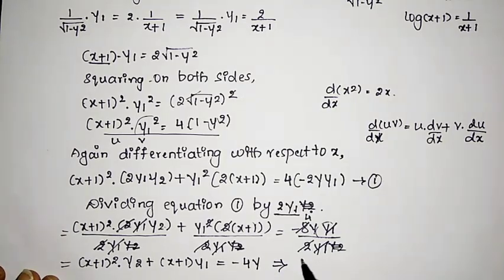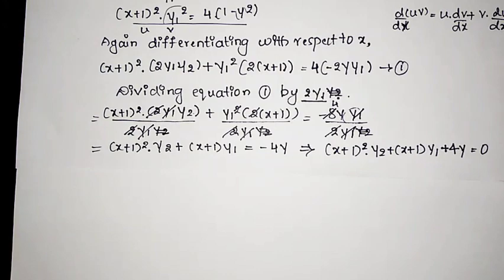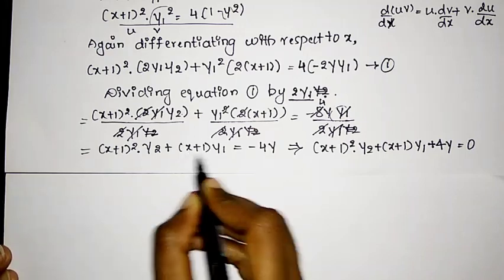We shall write it in the form of an equation, that is x plus 1 whole square into y2 plus x plus 1 into y1, minus 4y, just shift on the left hand side, we have plus 4 into y is equal to 0. So thus we have obtained this equation.